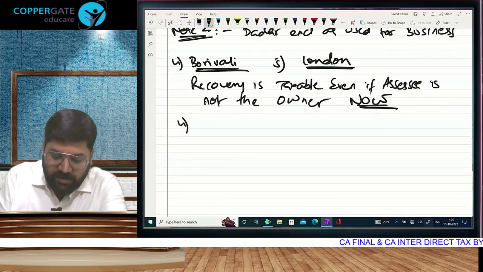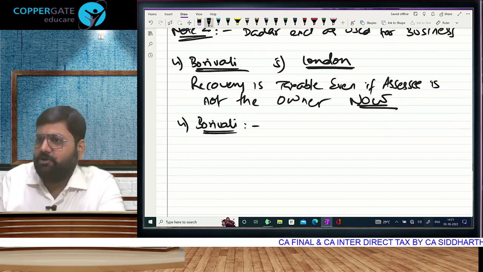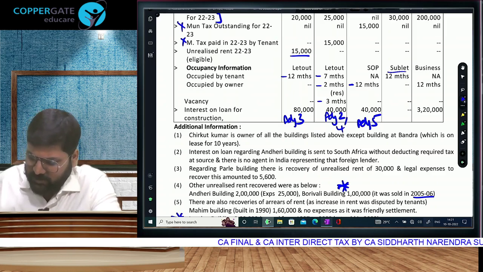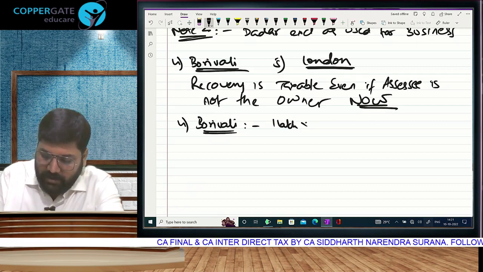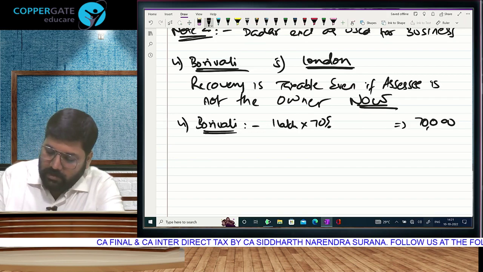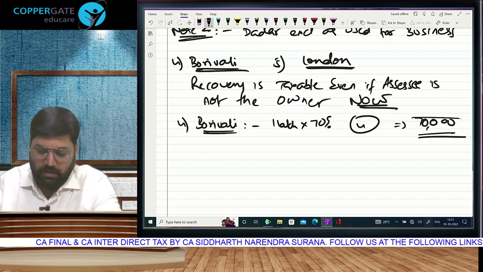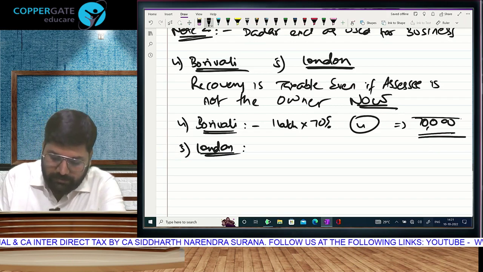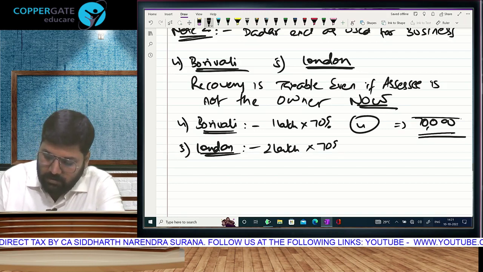What's the recovery of Borivali? 1 lakh. Is an expense given? An expense is not given, so 1 lakh is not fully taxable. Of 1 lakh, 30% is not taxable, 70% is taxable, as 30 is the deduction. Can I call this 4? And 5th is London. 2 lakh. What to do again? 70%.